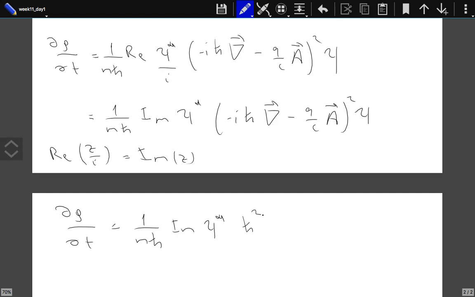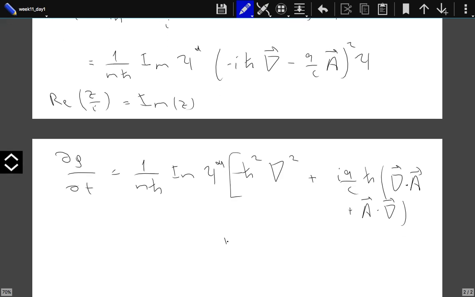That would give me minus h bar squared times the Laplacian, plus 2q over c h bar times i times the divergence times A plus A times the gradient, plus q squared over c squared A squared, this thing multiplying ψ.